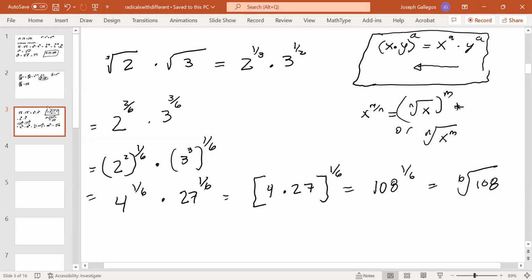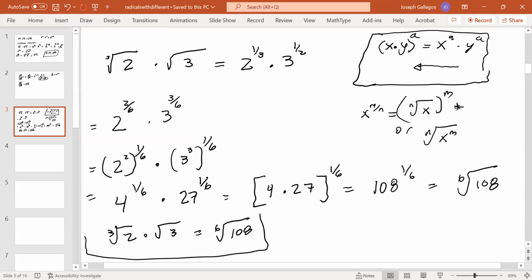And so that tells us that the cubed root of 2 times the square root of 3 is the same as the 6th root of 108. And that would be a challenging problem when they have different radicals and different bases. Right. Anyway, I hope that helps. Have a good day.